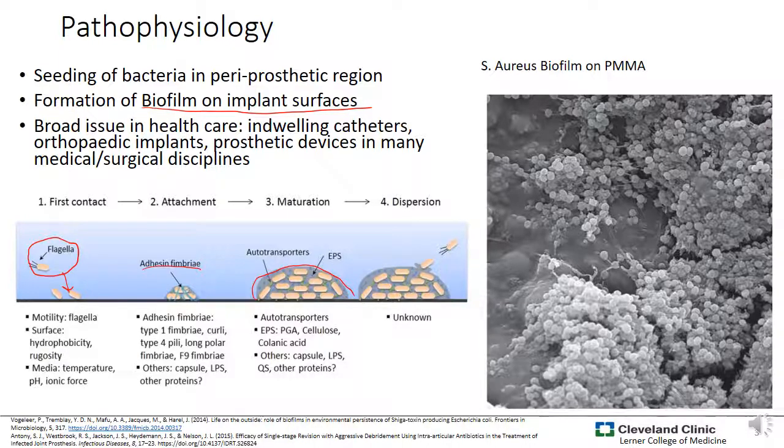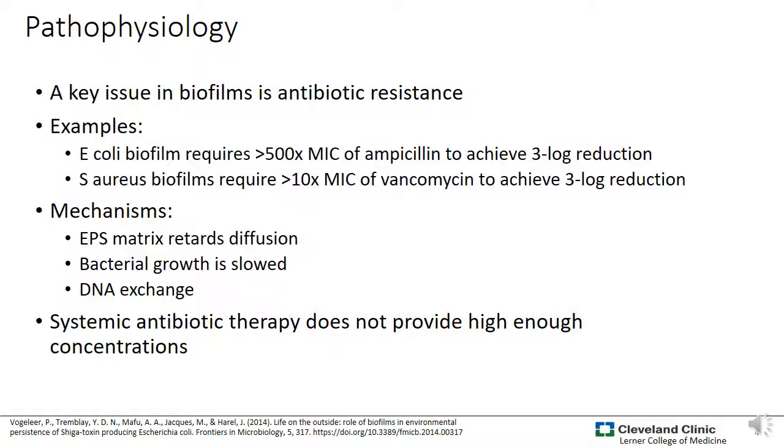polysaccharide thick capsule with other bacterial proteins that protect the bacteria themselves. The metabolic rate of the bacteria slows down in this state, and eventually they sort of cause this budding off of bacteria that can then go back into the joint space or into the circulation. The issue with these biofilms is that they become strongly antibiotic resistant. For example, in some studies, E. coli biofilm requires about 500 times the minimal inhibitory concentration of ampicillin to achieve log-fold killing.